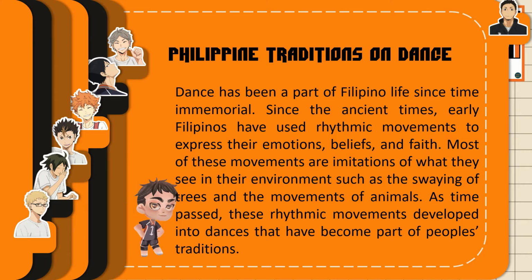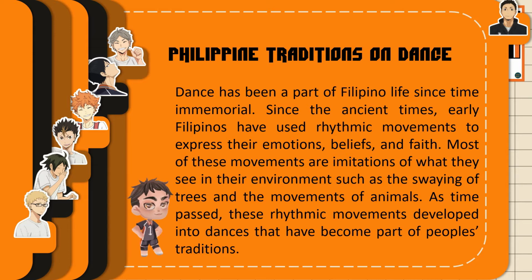So, our hand gestures and body rhythms now were imitations before, of what we see in the environment, such as swaying of trees. They imitated it and made it into a body movement. And then, movements of the animals, they portrayed them. And then, as time passed by, these rhythmic movements developed into a dance. And thus, this becomes part of the people's traditions.